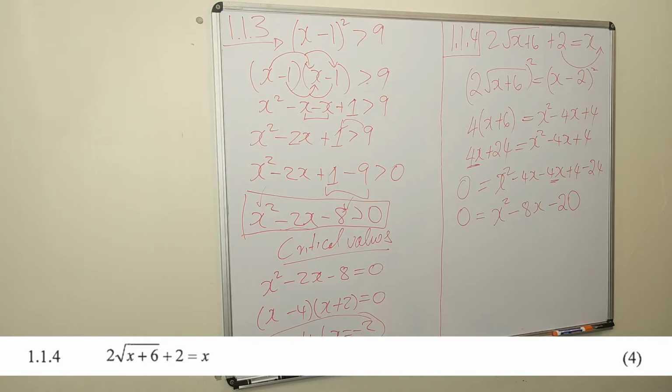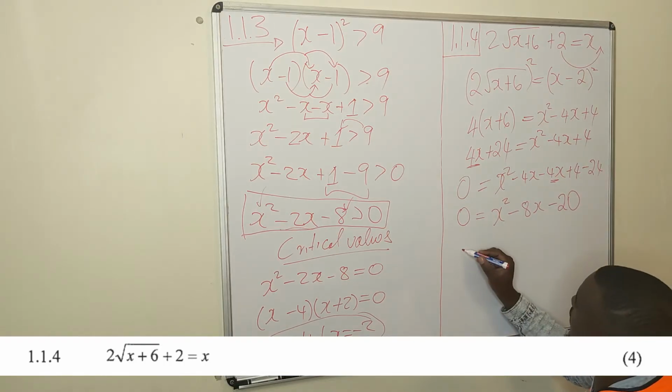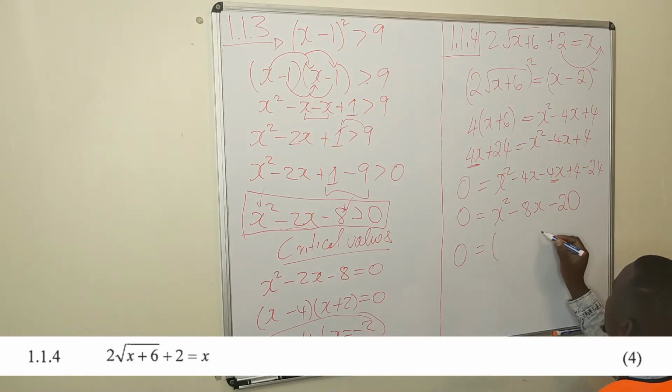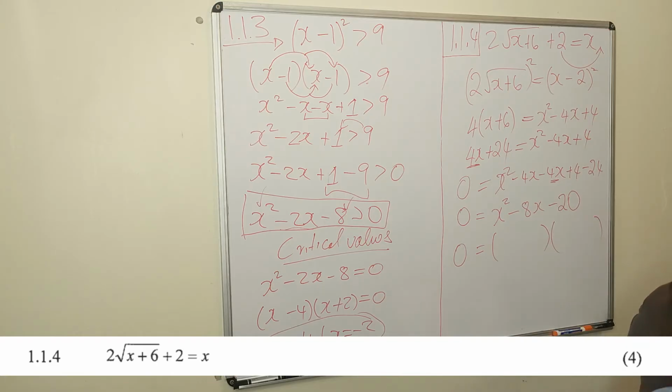And then what do we do from here? We simplify this. Oh, sorry, we factorize. So we say, okay, 0 is equal to, open a bracket. What are the factors of x squared? It's x and x. So what are the factors of 20?